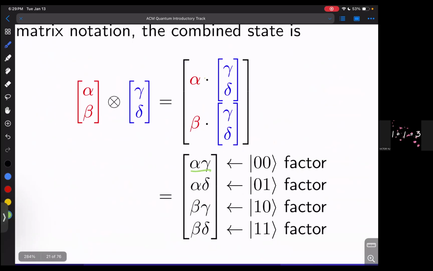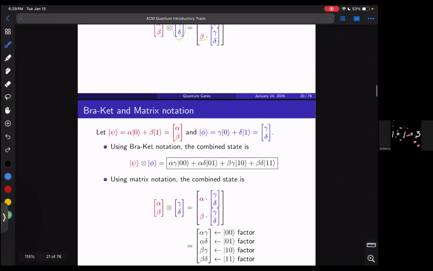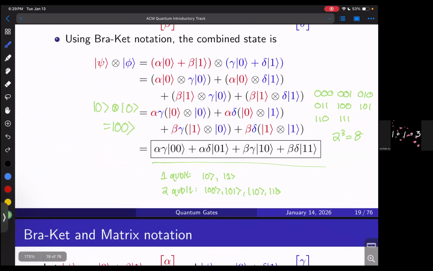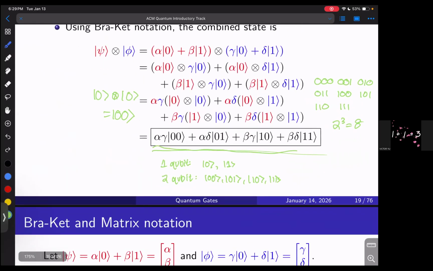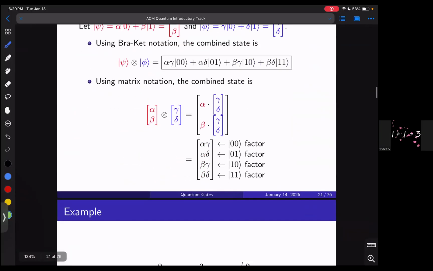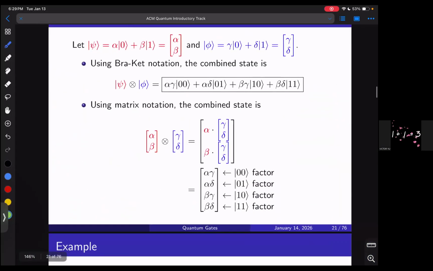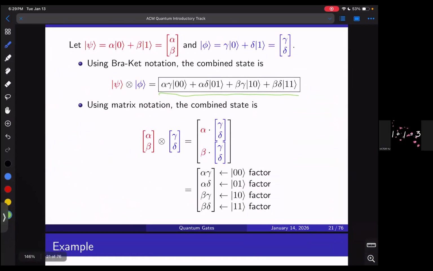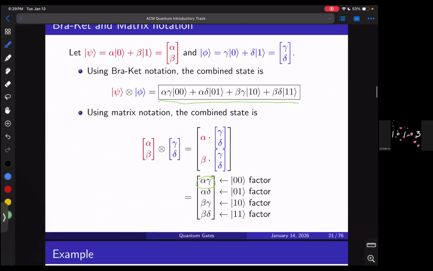Alpha gamma is the first term from these two, and then alpha delta is the second term, etc. And you can see that perfectly matches the form up here. The 00 term is right here, the 01 term is here, and then you just count down in binary and have each factor. Does that make sense to everyone?